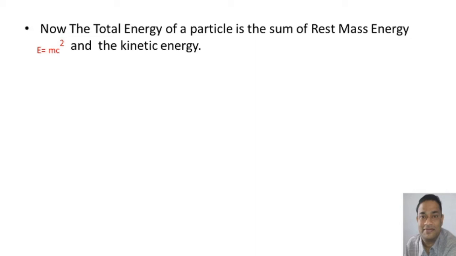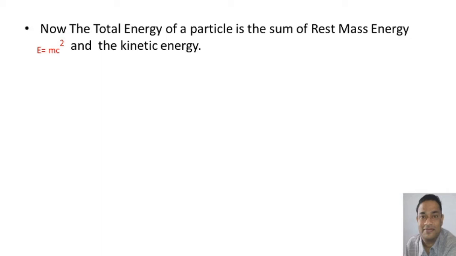But because of the mass it has got, it also possesses some energy which is given by the Einstein's mass energy relation, E is equal to mc square, and that energy is called the rest mass energy. So for a moving particle, the total energy of that particle will be the sum of its rest mass energy and its kinetic energy.